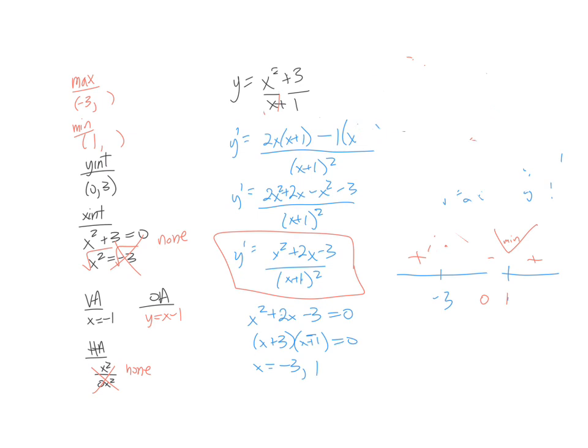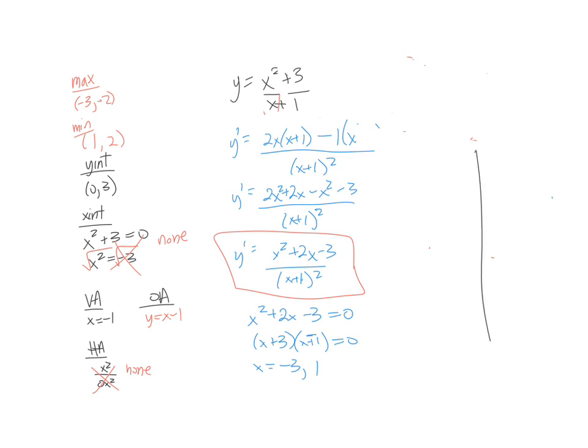So I'll just make a bit of room here so I can draw the graph. So we put in a negative 3 on the top, so negative 3 squared is 9, plus 3 would give us 12, divided by negative 2 on the bottom. So 12 on the top divided by negative 2, that'll give us negative 6 for our maximum coordinate. And if we plug in a 1, that gives us 4 divided by 2, which would give us positive 2.